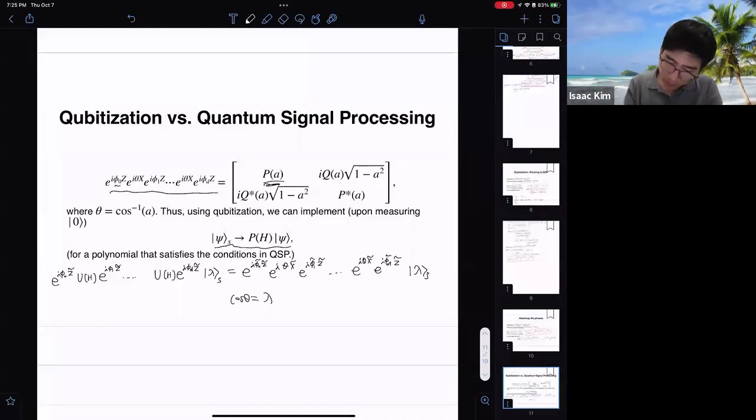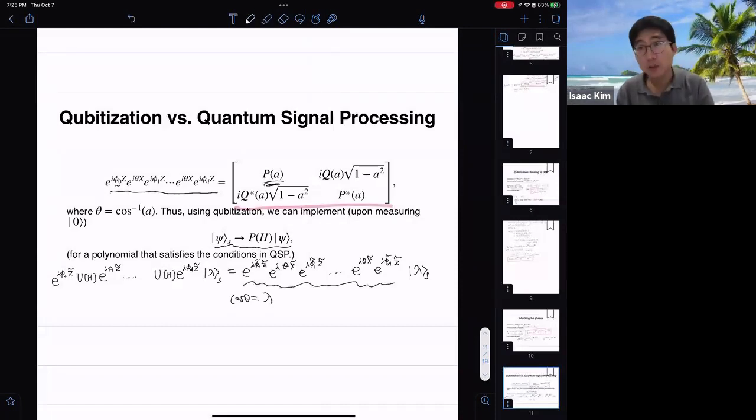Now let's try to use this fact. We know the precise form of this 2x2 matrix.